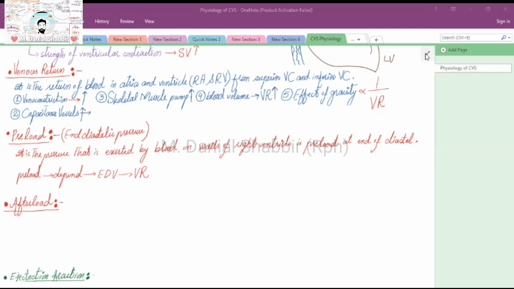Next is afterload. There are different definitions related to the afterload.